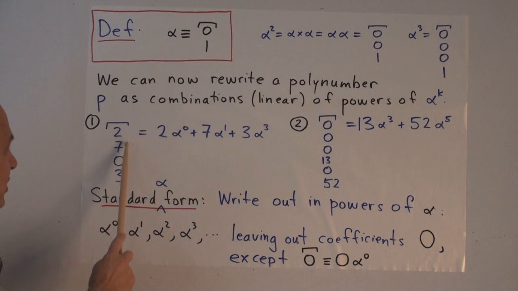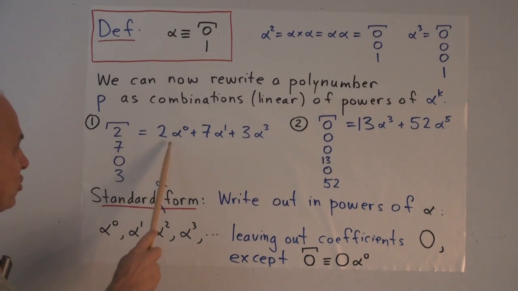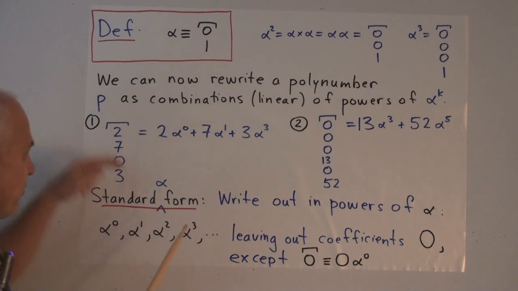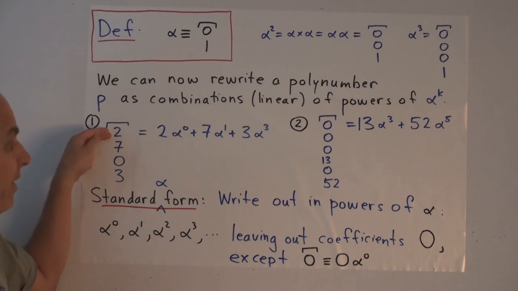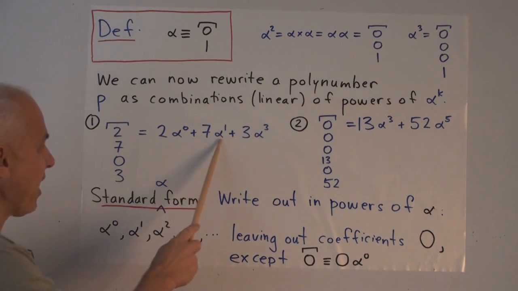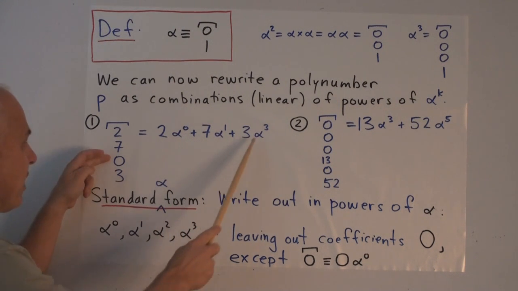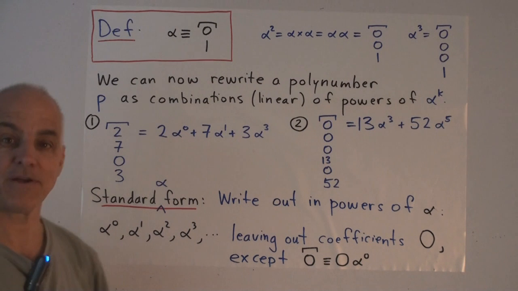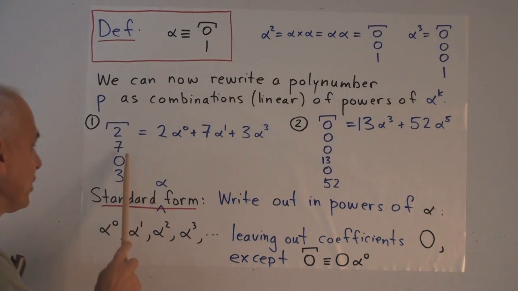For example, 2703 can be written as 2 times alpha to the 0. Alpha to the 0 just represents 1. Plus 7 alpha to the 1 plus 3 alpha cubed. We've left out the alpha squared term because its coefficient is 0.